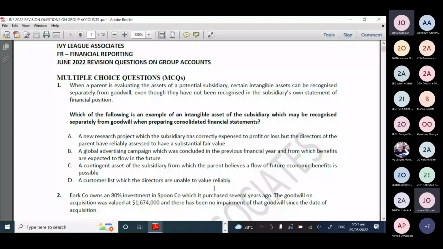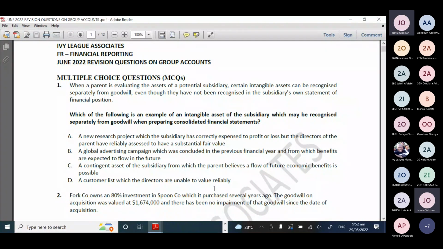Okay, so we are now talking of group accounts where a parent acquired a subsidiary, right? The standard that deals with that is IFRS 3. That standard tells us specifically that contingent liability, as long as the fair value can be measured reliably at the date of acquisition, even though it is not probable that an outflow of economic resources will be required, please recognize it.